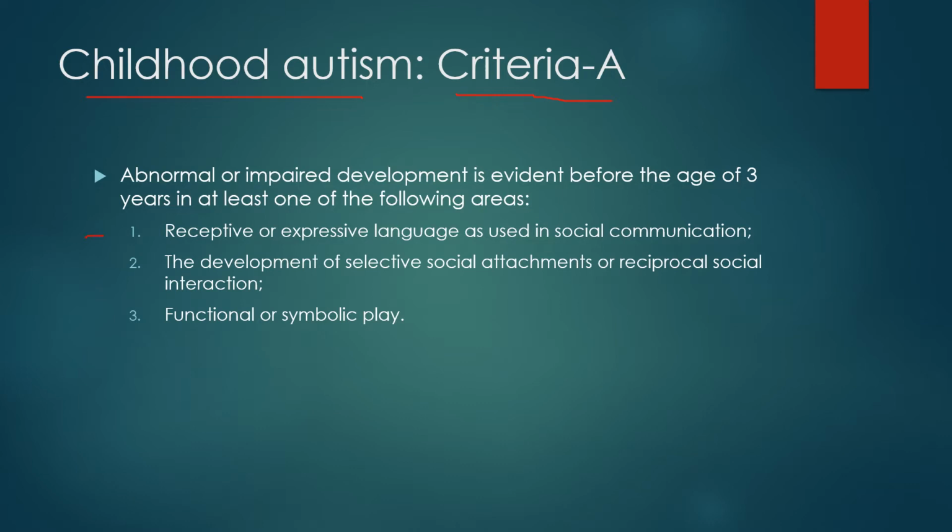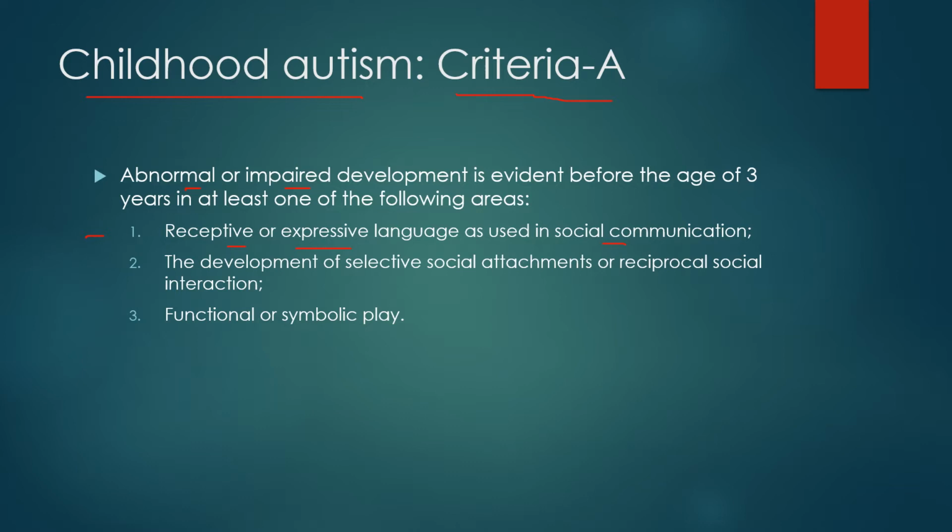Number 1, receptive or expressive language as used in social communication. So there is either some kind of abnormality or impairment during the development before the age 3 in their receptive or expressive language as used in social communication.